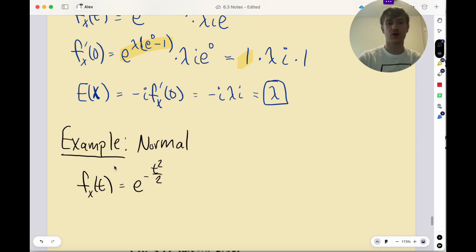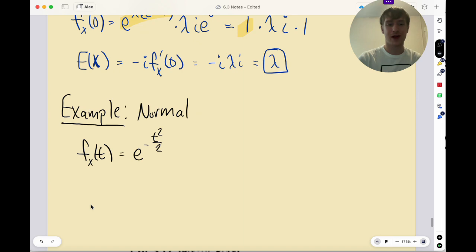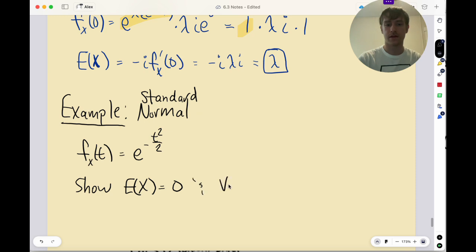Okay, so what are we trying to do? Well, remember that this is, I keep forgetting, standard normal. So we have to show that the average of the standard normal distribution is 0, and the variance was 1.